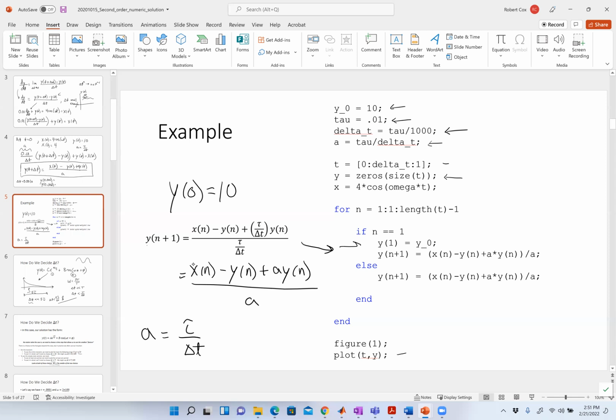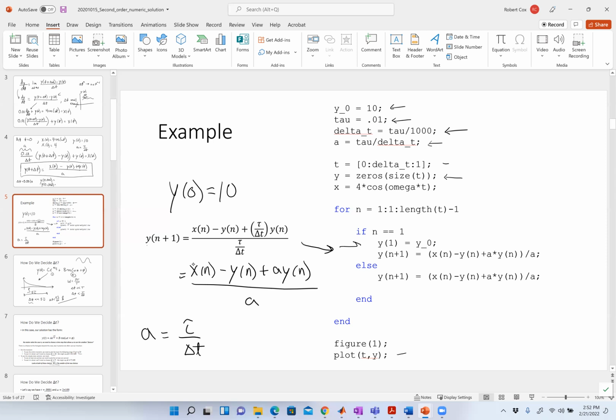Now, the thing I said is the hard part is what? The time step. You guys already identified that. So how do I choose the time step? What do I have to know to choose it? First of all, what's the problem? I'm trying to make sure that the output looks the way it's supposed to look. That means I have to think about what the output is going to be.